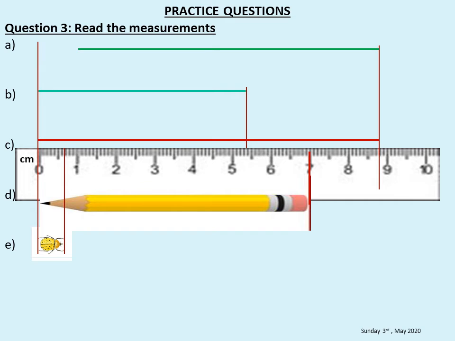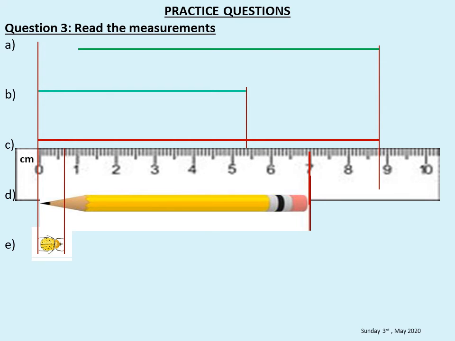Write your answer also. Then C, you write line C. Then you write your answer as well. For D, you write pencil, and then you write your answer, how many millimeters or centimeters it is measuring. And finally, for the insect, you write insect equal to, then you write the answer.